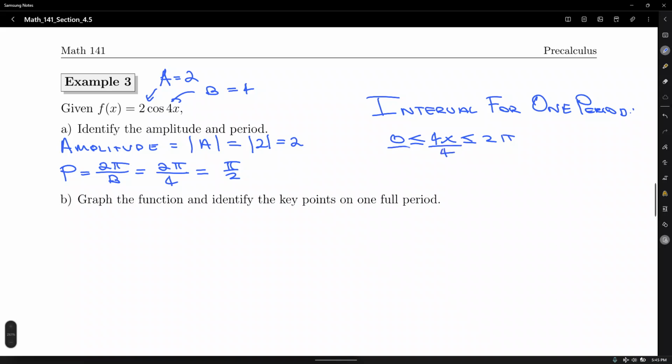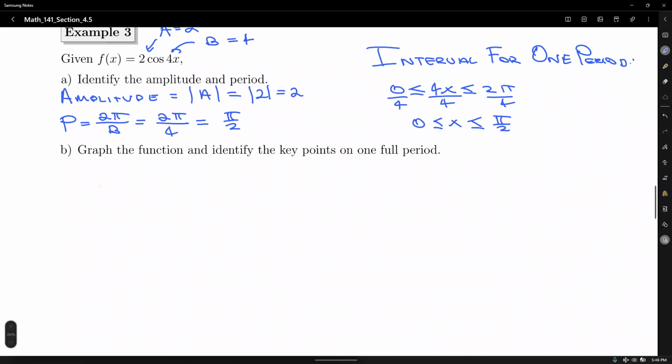And let's divide all three sides by 4, and that's going to be 0 less than or equal to x less than or equal to pi over 2. So this graph will complete one period in the interval 0 to pi over 2, in comparison to the parent graph, which completes it in 0 to 2 pi. In other words, this 2 cosine 4x will complete 4 cycles in the interval 0 to 2 pi, in comparison to the parent function cosine x.